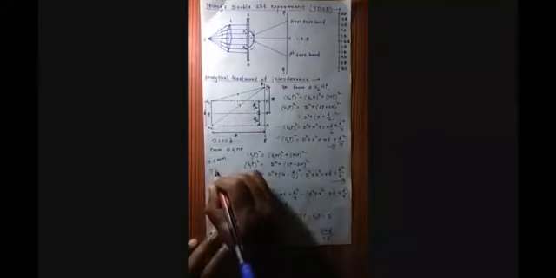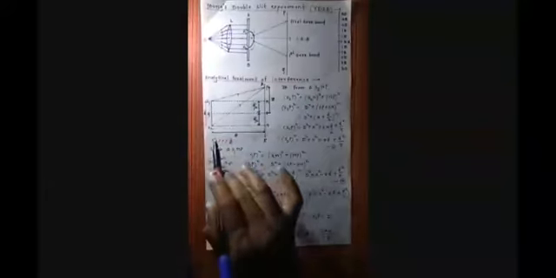Actually, this d will be in terms of 0.5 mm, etc. Okay, mm means 10 raised to minus 3, means the term is like this. Okay, so this distance is very small.